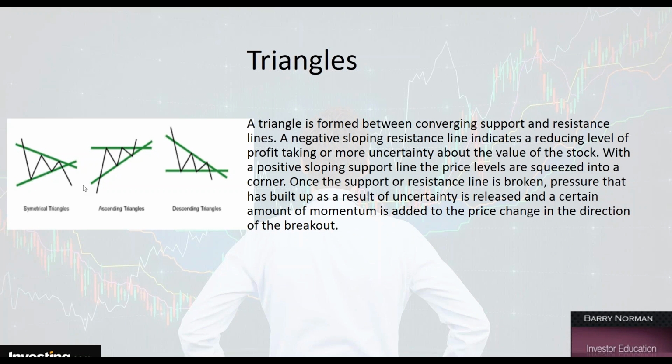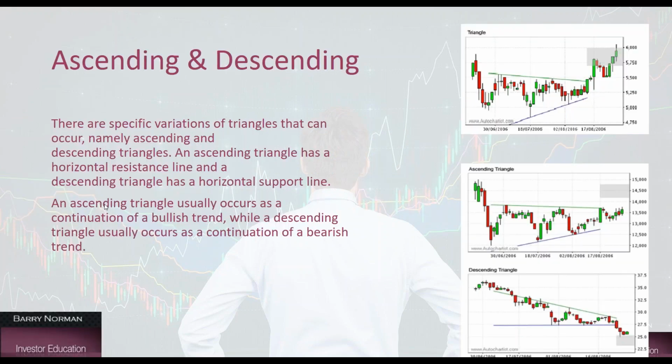Now, when that battle gets fairly even and they start fitting into that center corner piece, sooner or later, one of the two sides is either going to have a new player join them, they're going to have new momentum, whatever it is, they're going to be able to pull. When they pull and they break out of that pattern, they will have strength in that direction. So these are called triangles, and you can see these easily on charts.